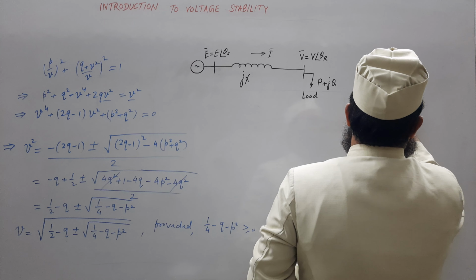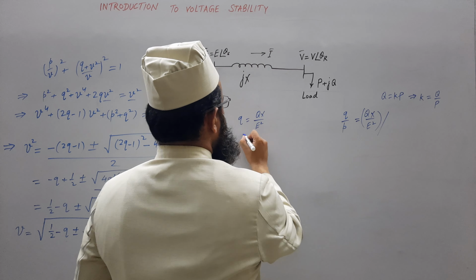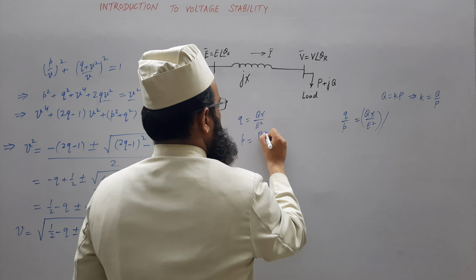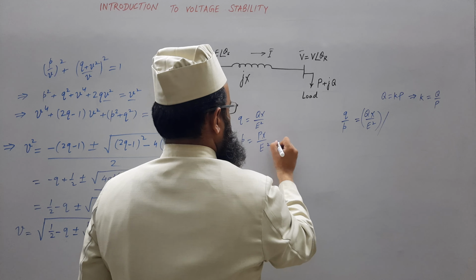Q was actual value upon base value, and base value was E square by x. So this was the Qx, right? So right here Qx by E square upon what was P. Similarly, per unit was Px by E square.